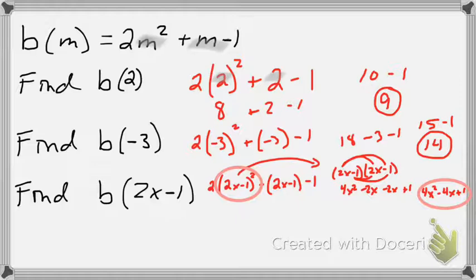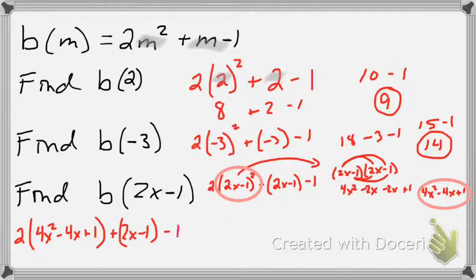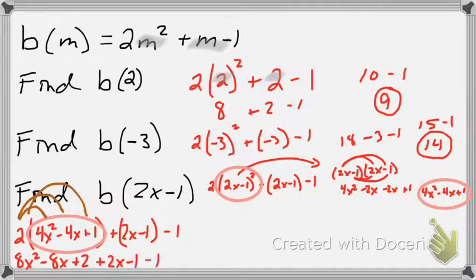So we have 2 times 4x squared minus 4x plus 1 plus 2x minus 1 minus 1. And now we pretty much kind of have to just clean up the mess. So we would distribute our 2 like so, and just throw that stuff on the end, and now combine like terms.